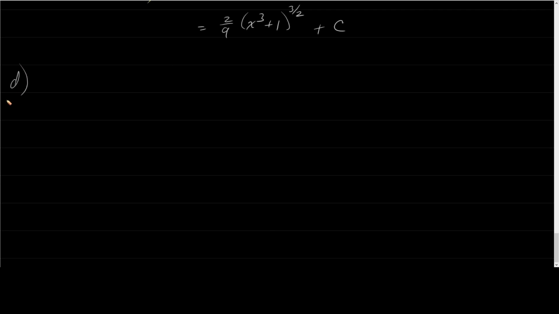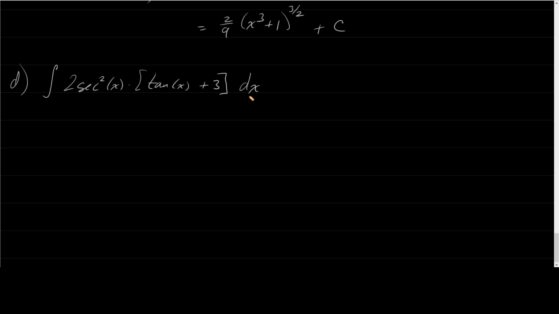D. Let's say I had the integral of 2 secant squared of x times tangent of x plus 3 dx. Again, what we want to do here is ask what part of this has a derivative somewhere else.